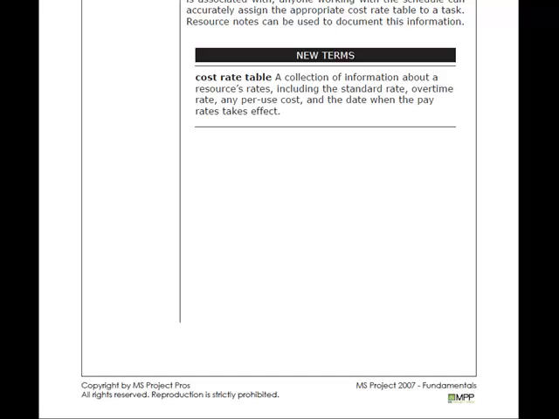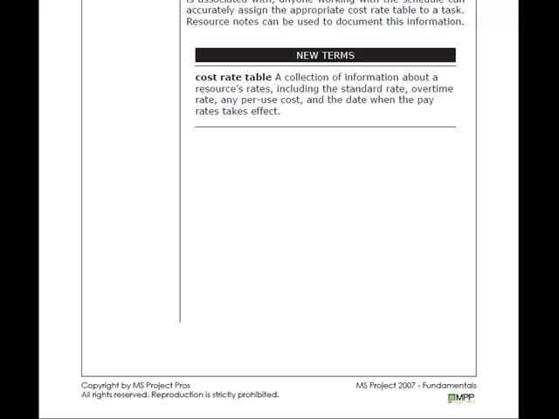And then we'll move on to working with cost rate tables. So within each resource that you're working with, there will be a rate table that you can go into to have different rates that you're storing. So you might have a resource that when they perform certain work for you, they're at one rate, but when they do something else, maybe more of a managerial role or even more of an in-depth technical role, they have a different rate. And we see that quite often in the types of projects that we do.